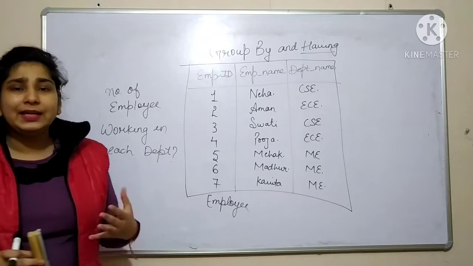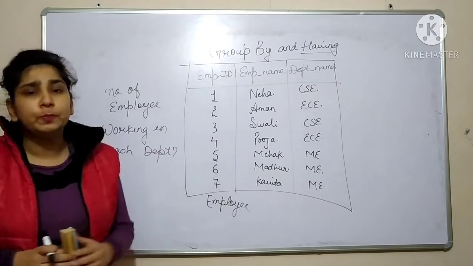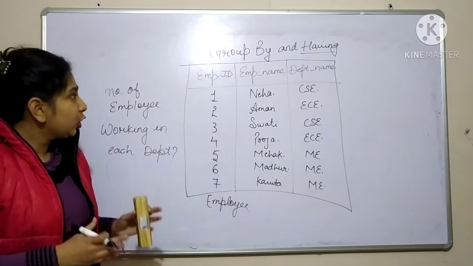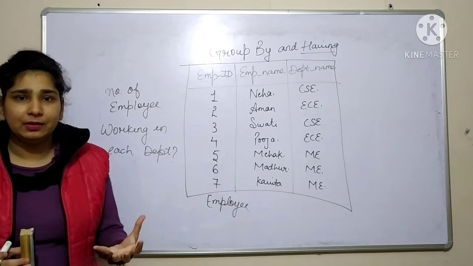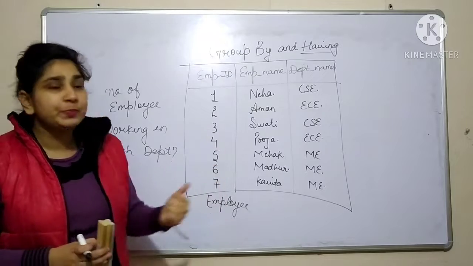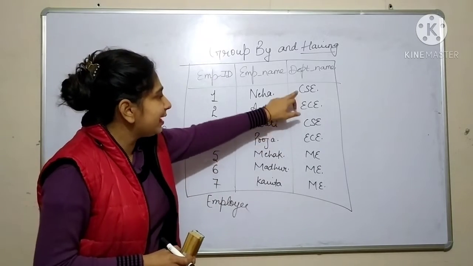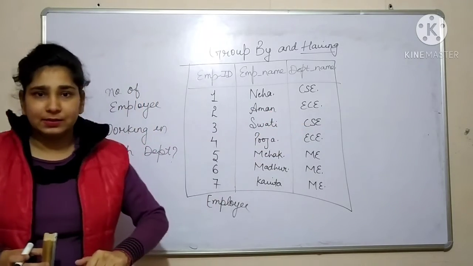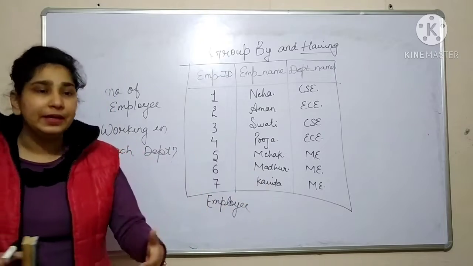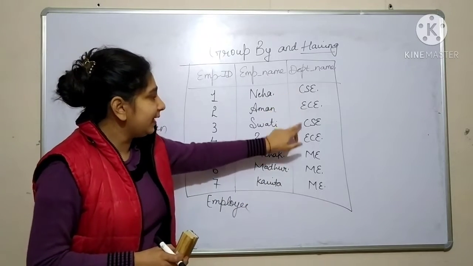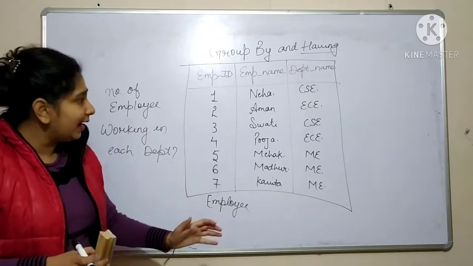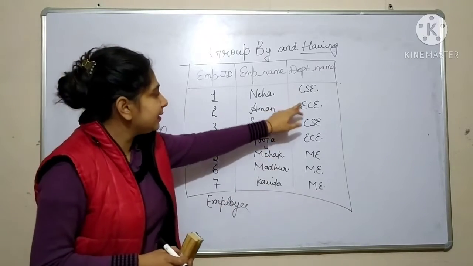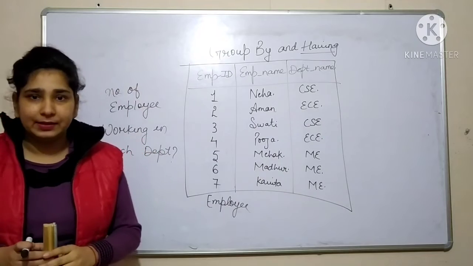So what is the meaning of GROUP BY? GROUP BY is going to combine. Let's suppose I have two CSE departments. I have written CSE department two times because two employees are working in the CSE department.